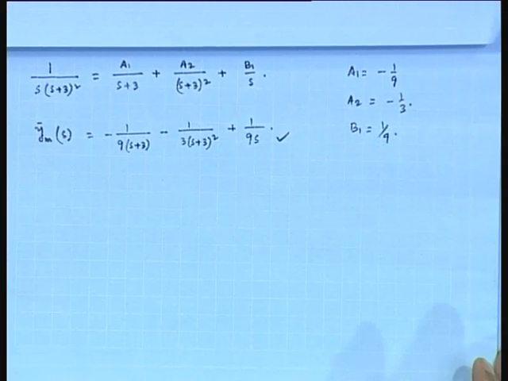Next, we need to take the inverse Laplace transform.